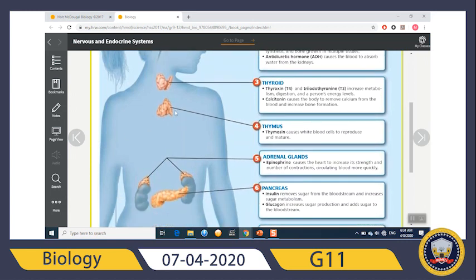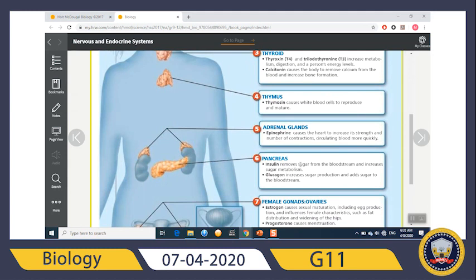Thymus, in the chest area, is responsible for producing thymosin, which causes white blood cells to reproduce and mature. So, for reproduction and maturation of white blood cells, the triggering hormone is thymosin.